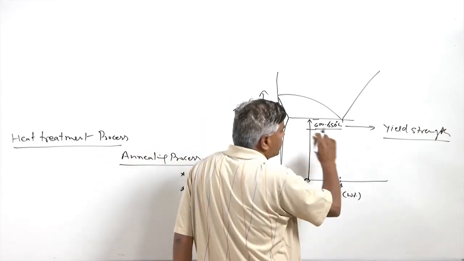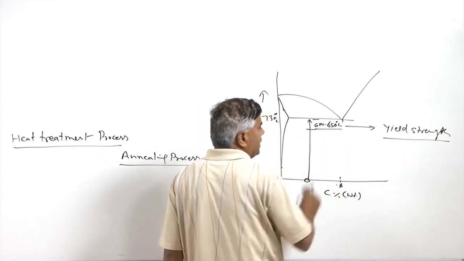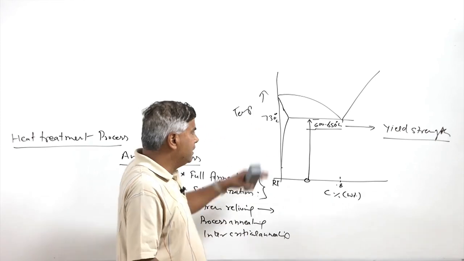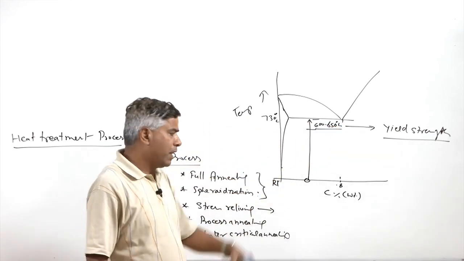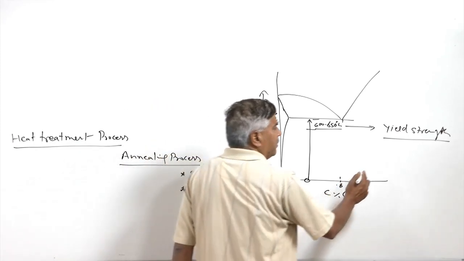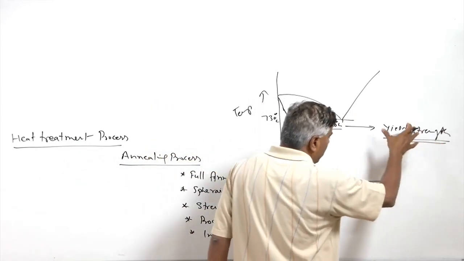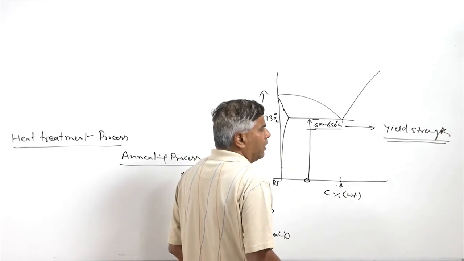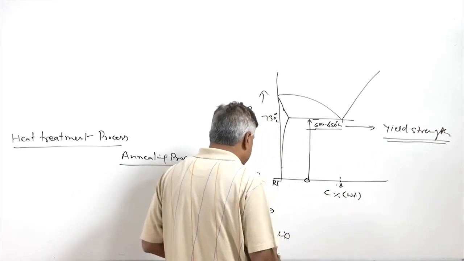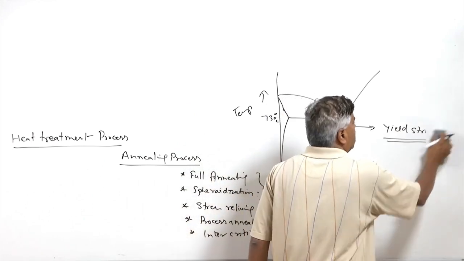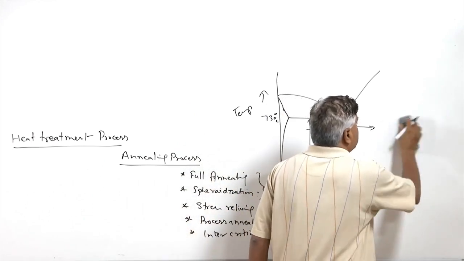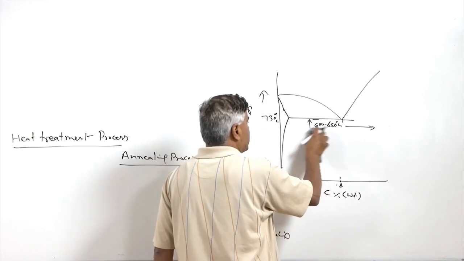So the softening of the metal due to heating at 600 to 650 degrees centigrade for half an hour to 1 hour lowers the yield strength of the steel, which in turn eases out the locked-in strain, and that in turn reduces the residual stresses. This also causes the recrystallization of the steels.